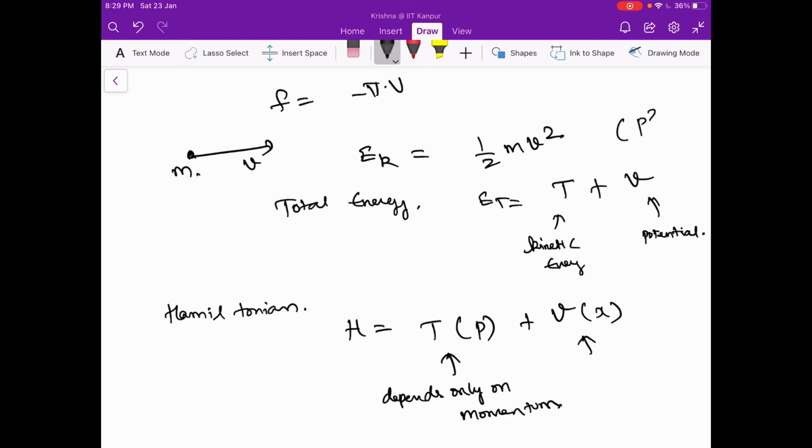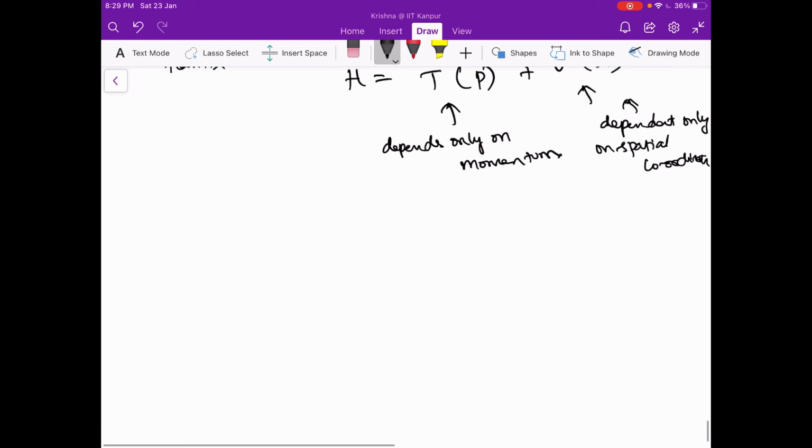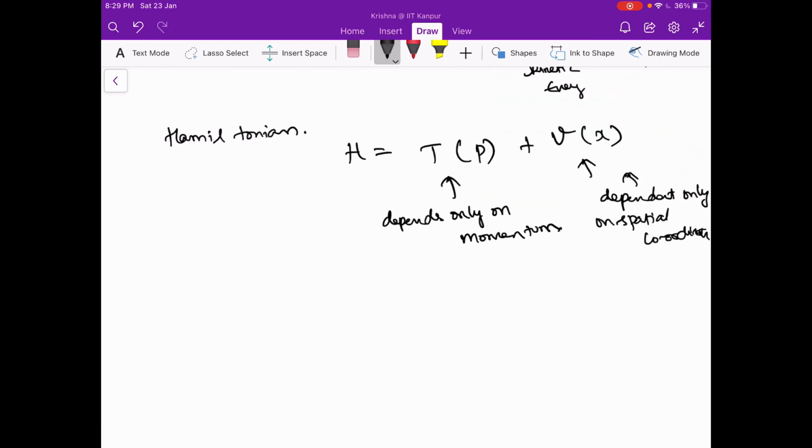So this can be written as p squared by 2m, and the potential energy is dependent only on spatial coordinates. Then this form of writing the expression is called the Hamiltonian.